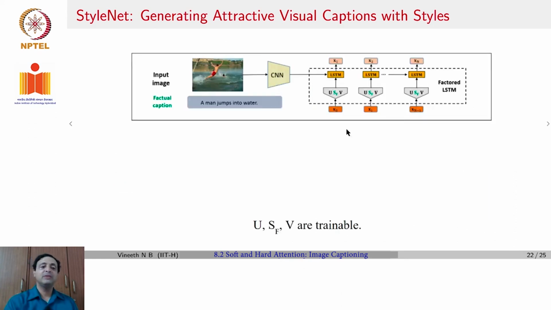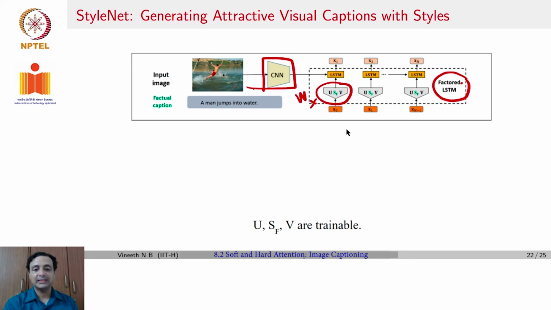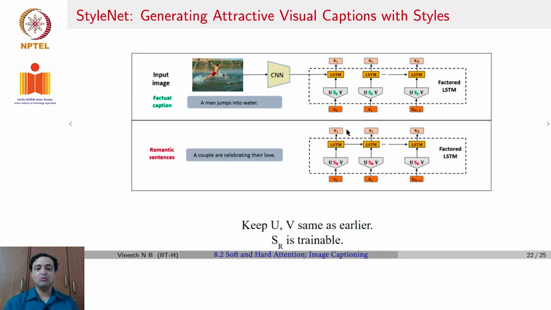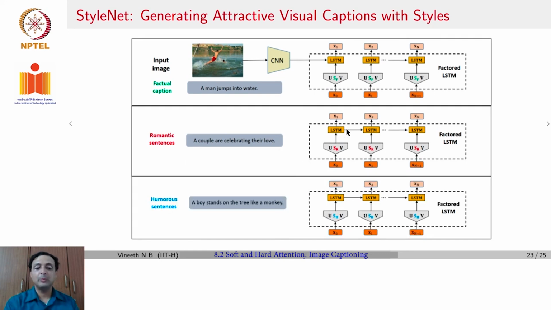Now, given an input image and a caption, you send the image through a CNN and then you use a factored SVM now, where the weights Wx are now given by U S_F V for the factual caption. For the romantic caption, that weight Wx would be U S_R V, and for the humorous caption, that would be given by U S_H V.